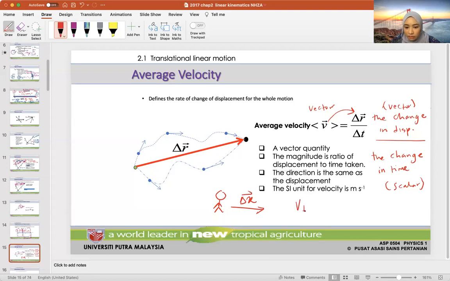So the velocity of Daphne is delta x over delta t. This is a vector, this is also a vector, and this is a scalar. So velocity of Daphne follows displacement of Daphne. If her displacement is to the right, her velocity is also to the right. Okay, this is for velocity and displacement.